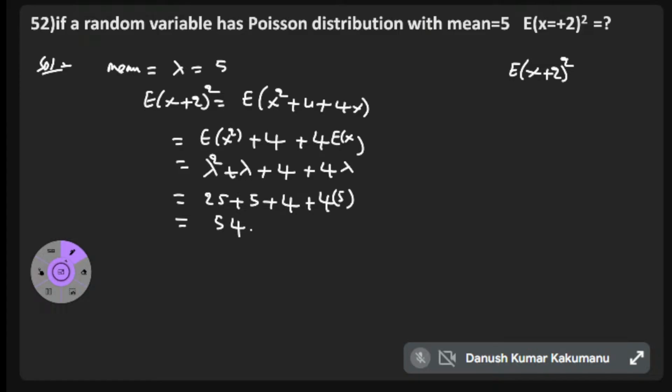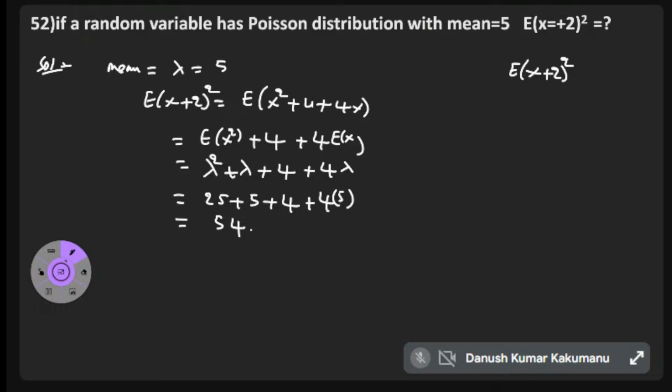This question relates Poisson distribution and expectation; both are linked. Without knowledge of the Poisson distribution, we cannot attempt this bit.